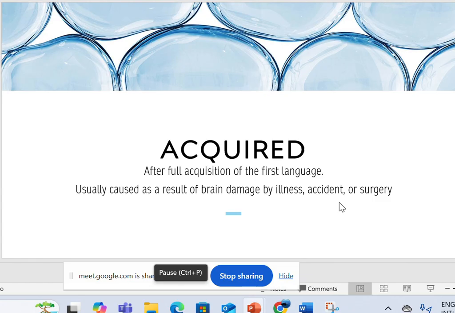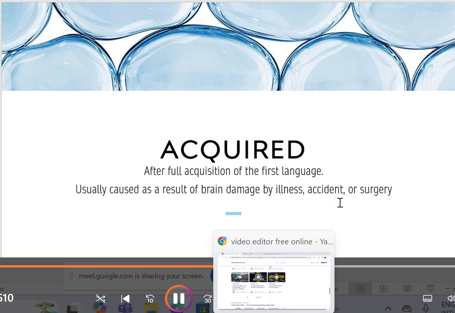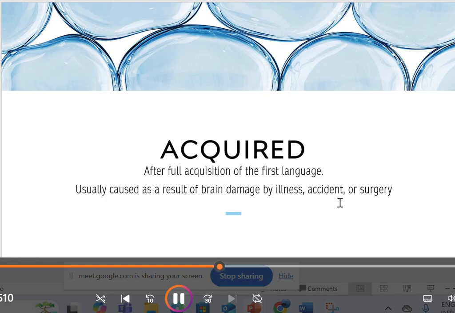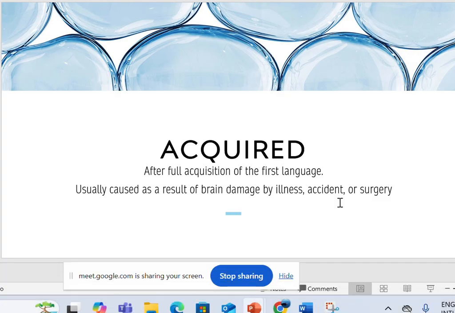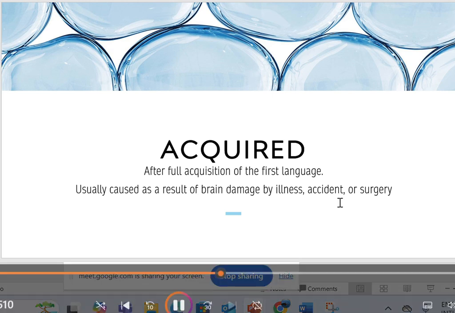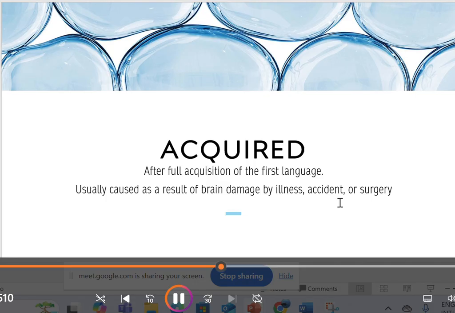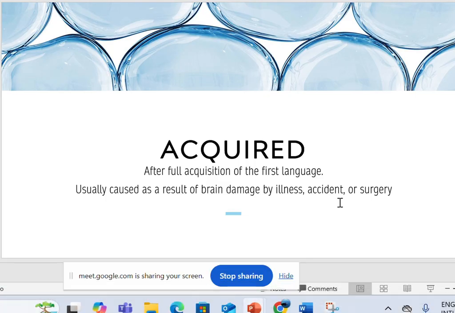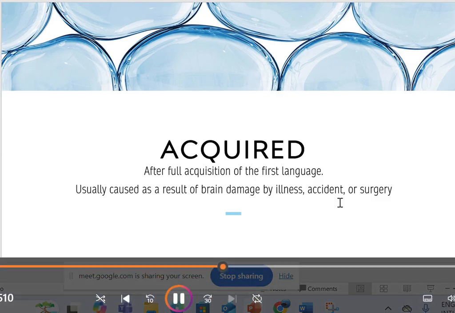That is, as I said earlier, once the person has acquired the language completely, he was using it perfectly, but due to misfortune, some brain damage occurs due to illness, accident or surgery, anything, after acquiring the language completely. Then he has lost some parts of the language, or he is having a problem with the language. This is known as acquired language disorder. After acquisition, that is after completing the acquisition, there is a language problem.